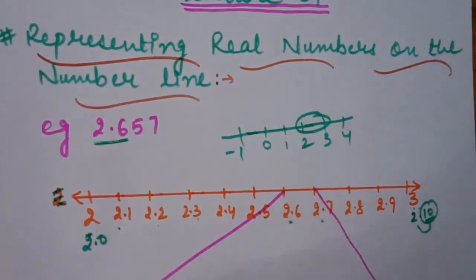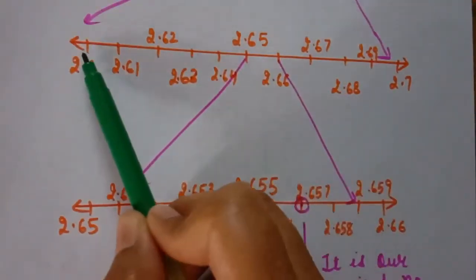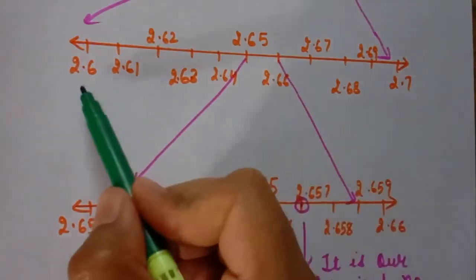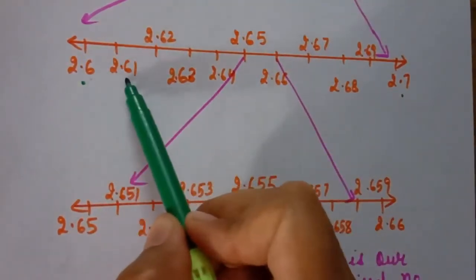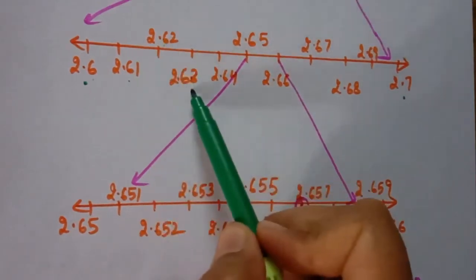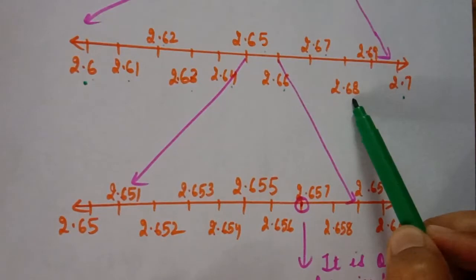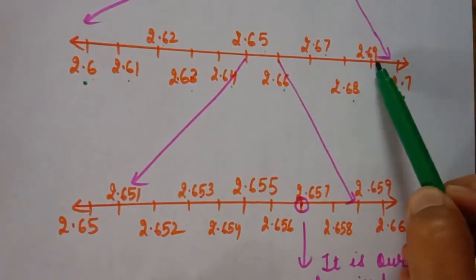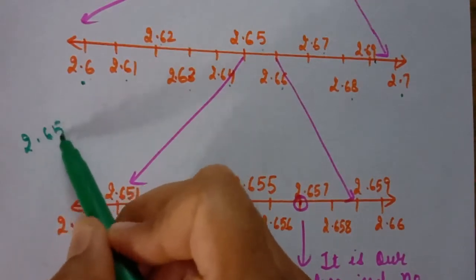So we will magnify this part between 2.6 and 2.7. So 2.6, after it 2.61, 2.62, 2.63, 2.64, 2.65, 2.66, 2.67, 2.68 and 2.69. Now the number is 2.657.